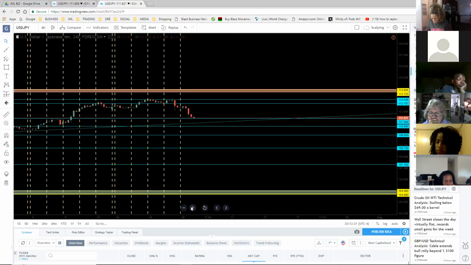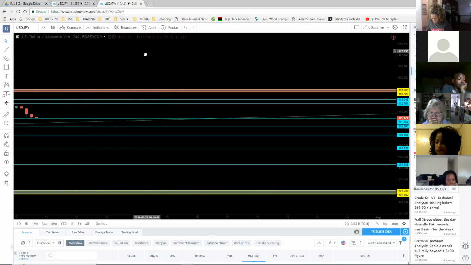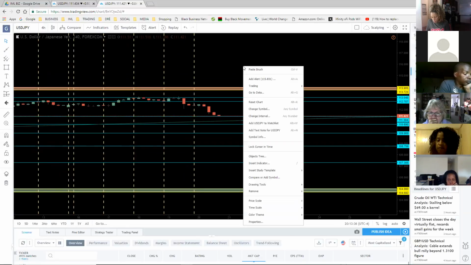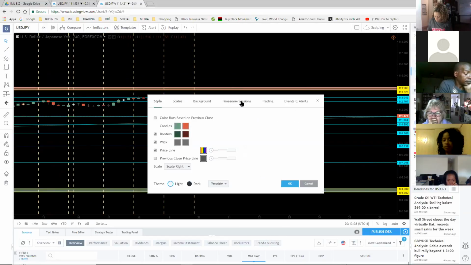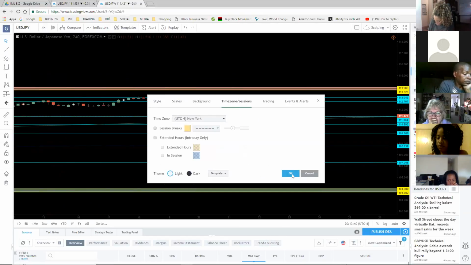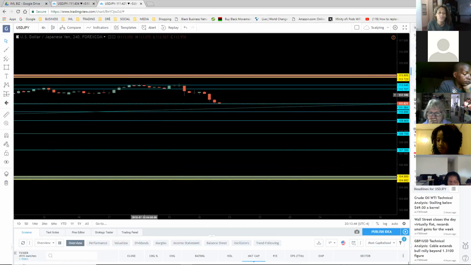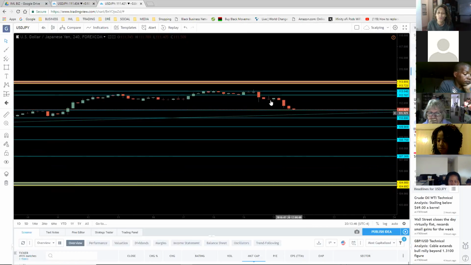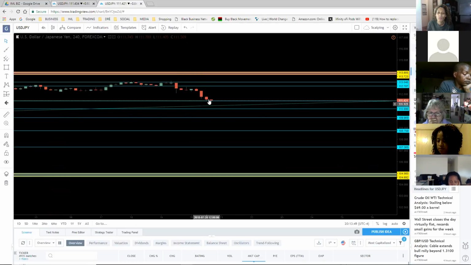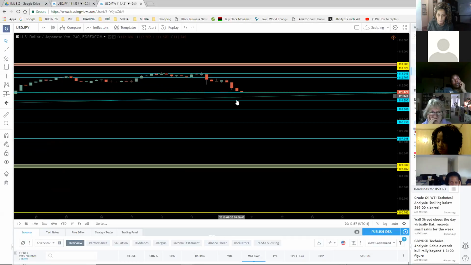So I'll get rid of my background. Okay, so I see how it's been in between this area for a while. I'll keep that into consideration, so that if this sell candle does hit this line and breaks through, then okay, I know it's going to continue to sell.